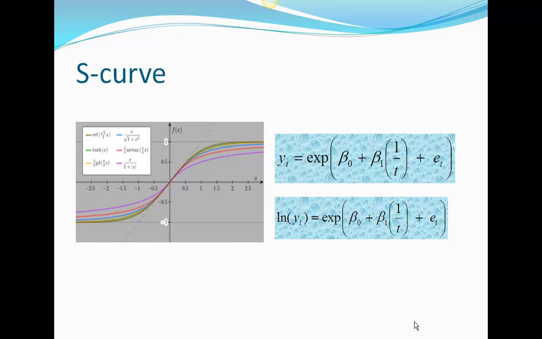Okay, S-curve relationships. The first model there is taking the exponential and reciprocal transformations both being involved. You can also take a logarithm and a logarithm, and undo that if you need to do that interpretation.